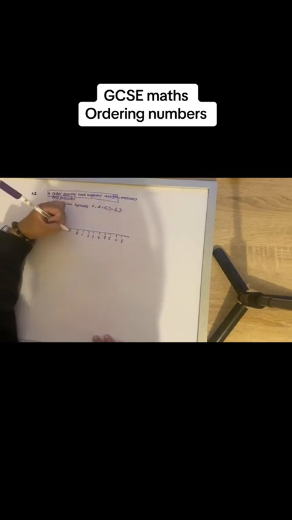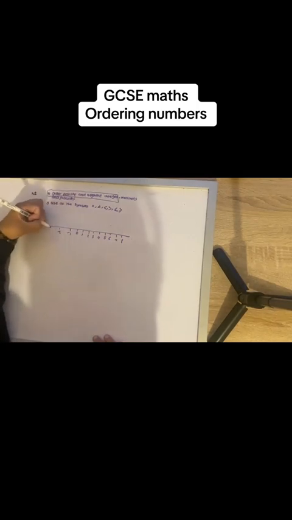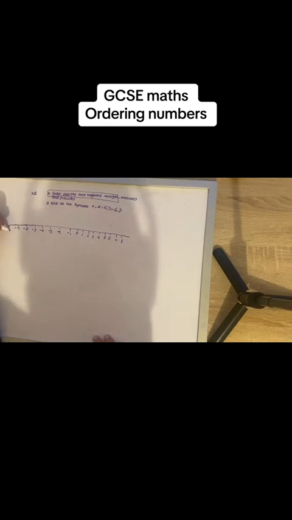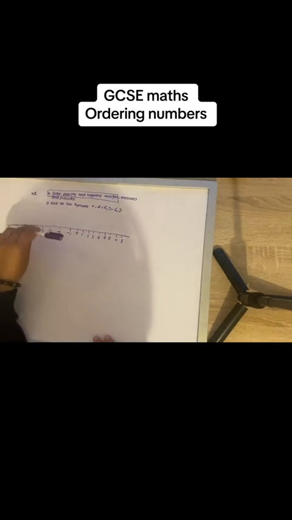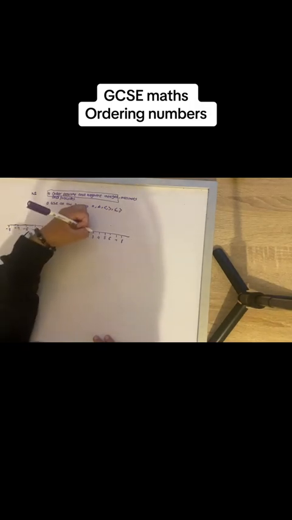Okay, so in this number line, the lowest number would be the one more towards the left. The highest one would be the one more towards the right.